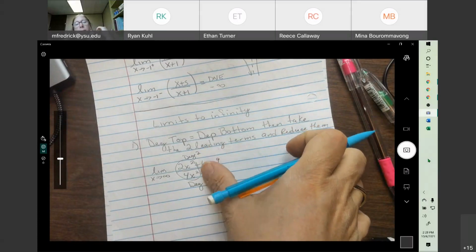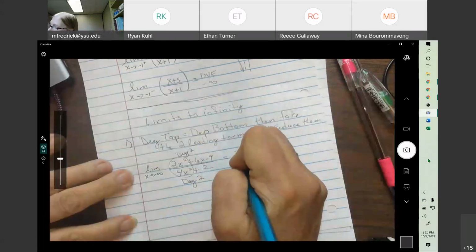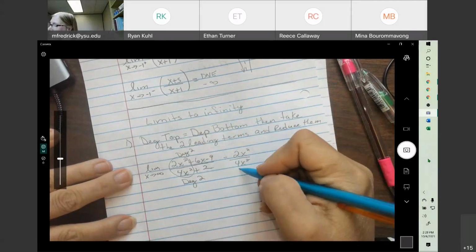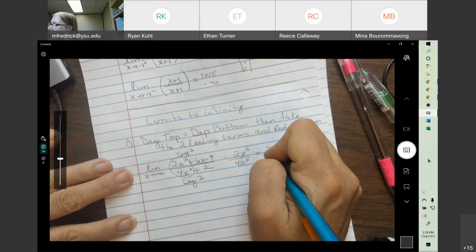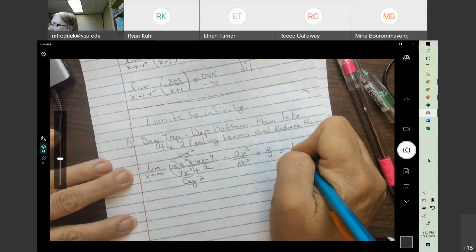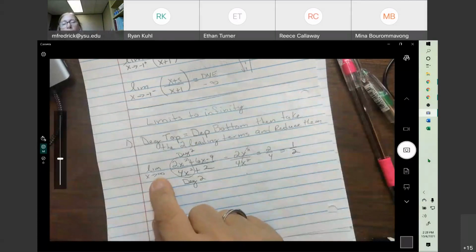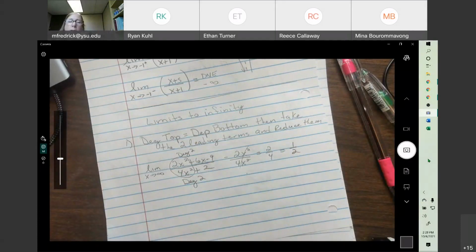So we can just drop this off. And then reduce. The x squareds will cancel. 2/4 is 1/2. So when x gets large, the y value approaches 1/2. Any questions on that?